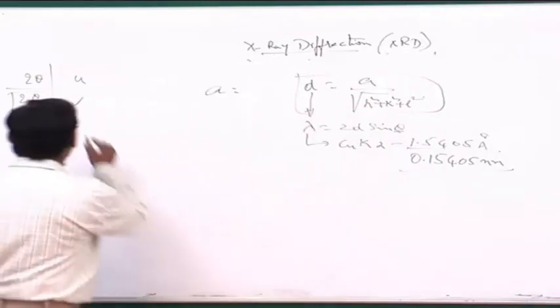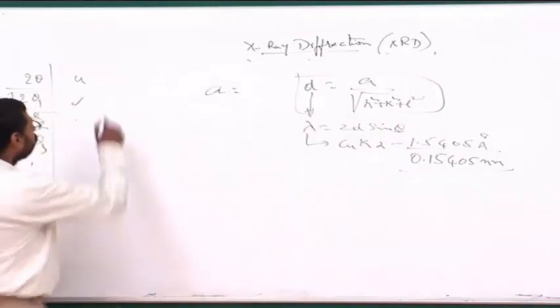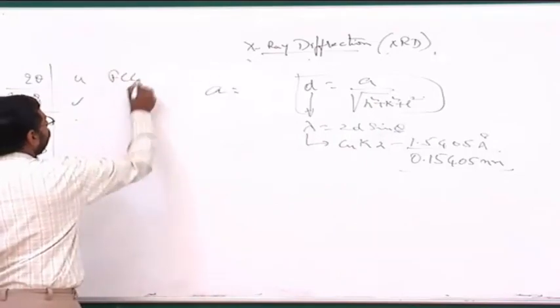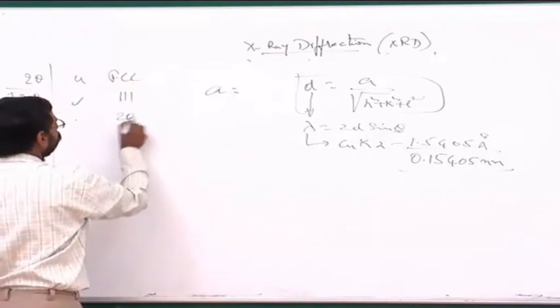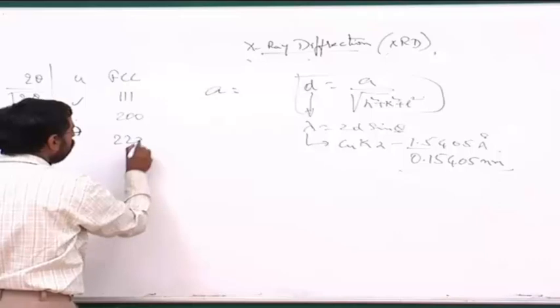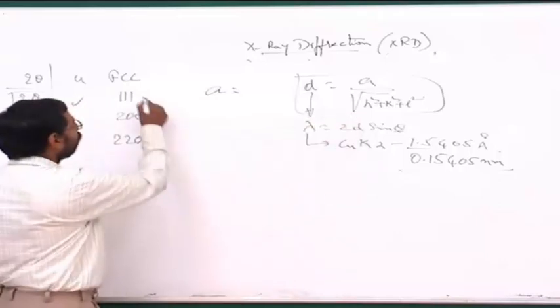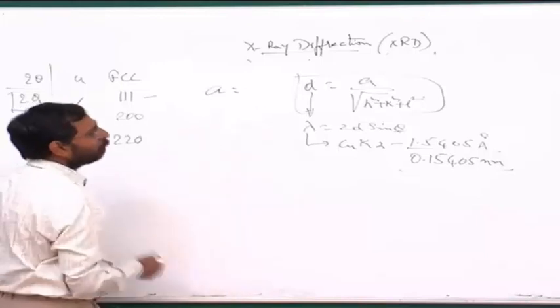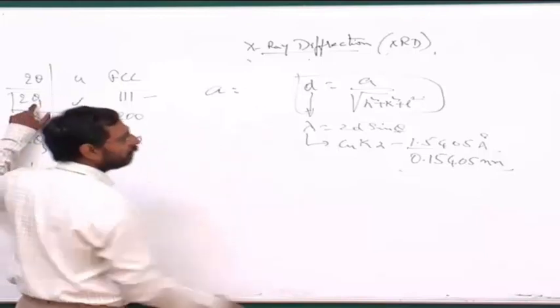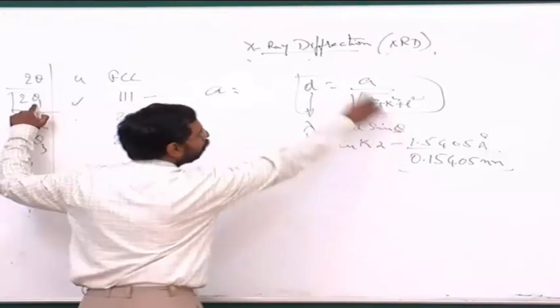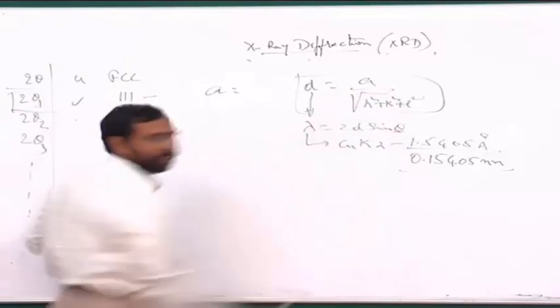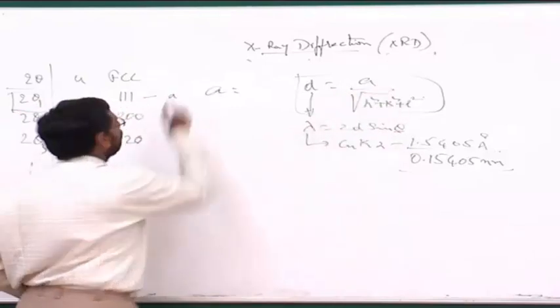So that means I can take the second peak also, which is for an FCC. The first peak is 111, second peak is 200, third peak is 220. So I know these HKLs for each of the peaks. For the first peak, I can use this formula, know the first theta, find out the D, plug the D into this, find out the A. So you can get A here.